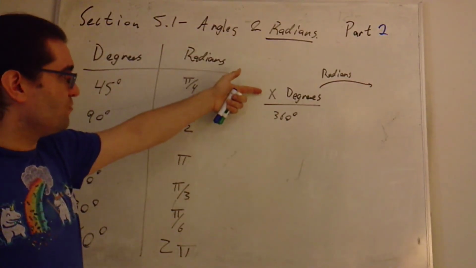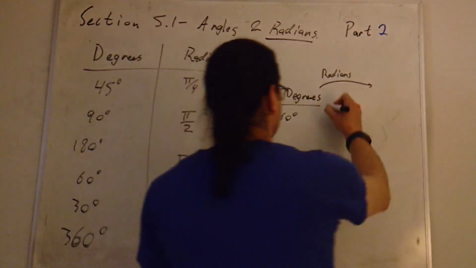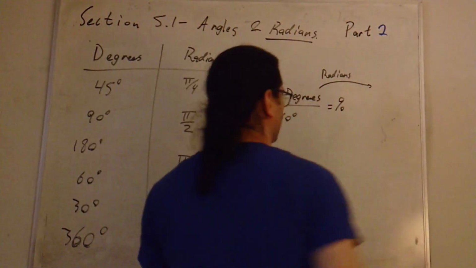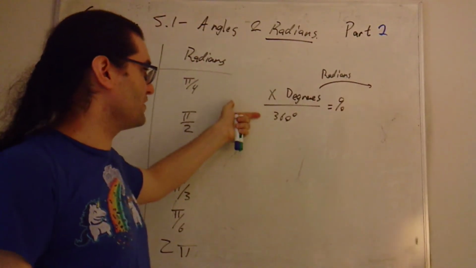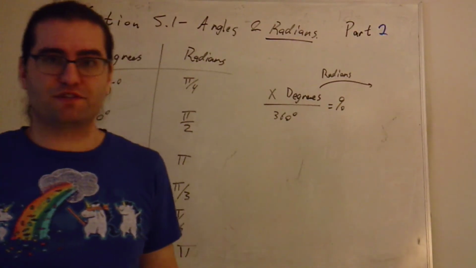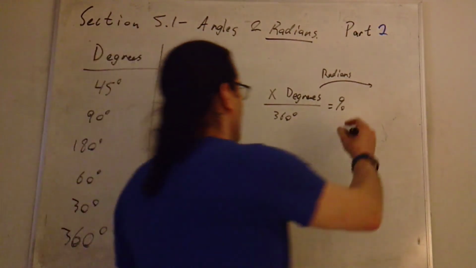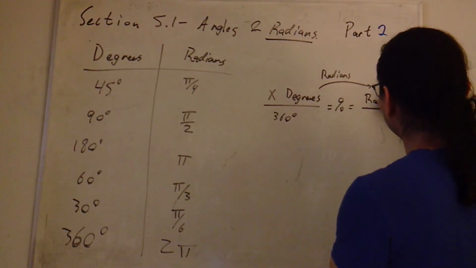When you divide however many degrees you have by 360, what you're left with is a percentage. That will get you a percent of the circle. So if you have 90 degrees, you divide by 360, that leaves you with 0.25, means you have 25% of a circle.